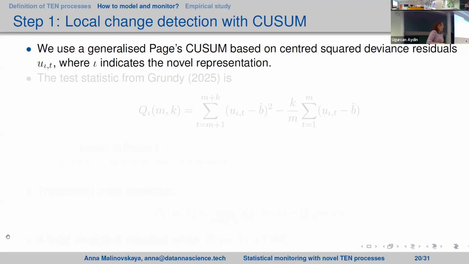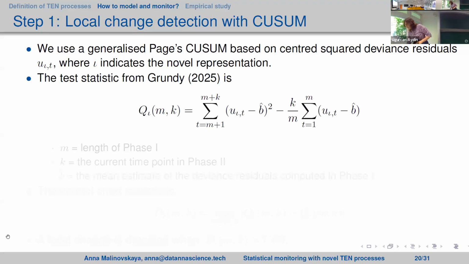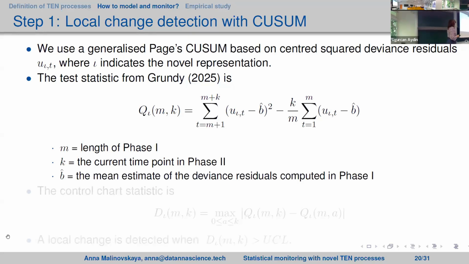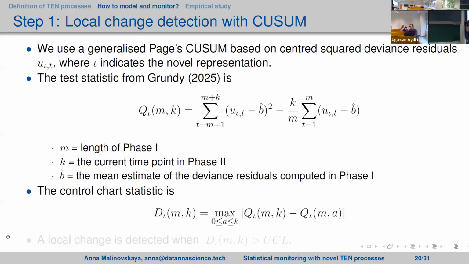There is an adapted test statistic from Grunti, where the length of phase one is denoted with M, K is the current time point, and B is the mean estimate of the forecast errors, which we computed in phase one. We can then implement this test statistic in the control chart statistic to detect when we have to flag the alarm or not.